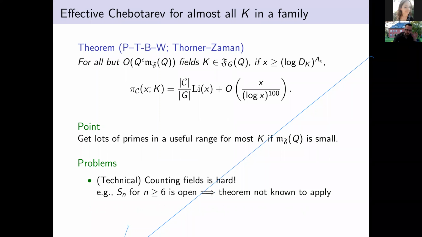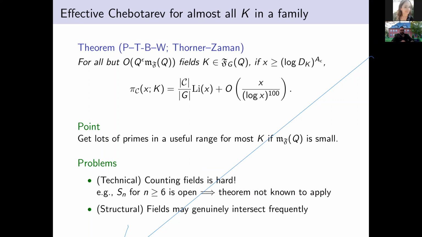For example, even counting Sn fields for n greater than or equal to 6 is open. We have no idea how to do that. And correspondingly, we can't rule out the possibility that almost every Sn field intersects almost every other Sn field. And so it's possible that this M_F of Q is really, really massive, basically the size of your family. So we don't actually know that this theorem necessarily applies to these kinds of groups.